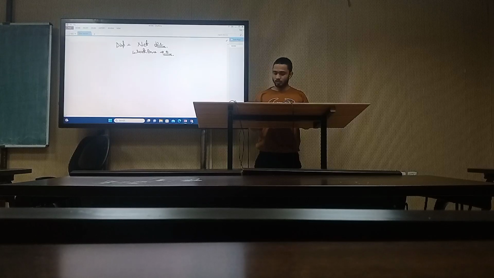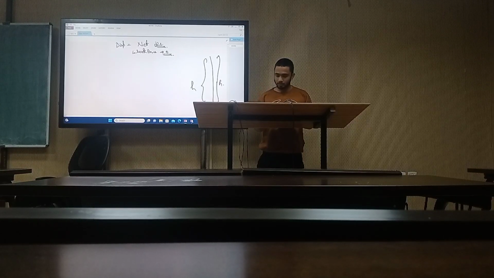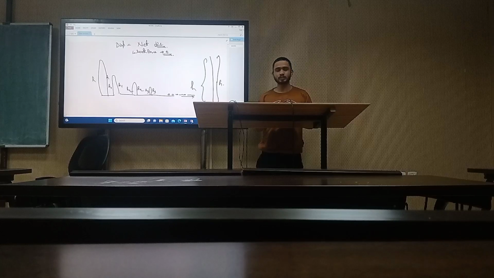Suppose a mass m is taken to a height h, and again goes up and down through heights h1, h2, h3, and finally loses its velocity.